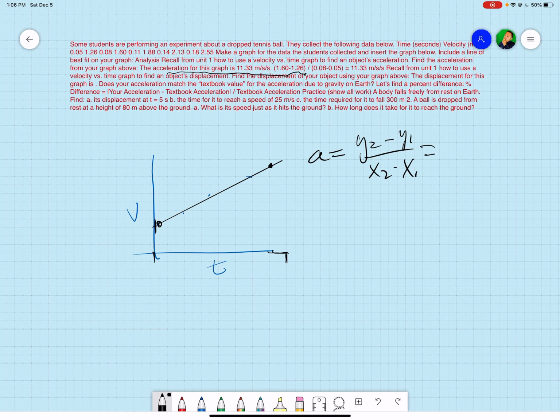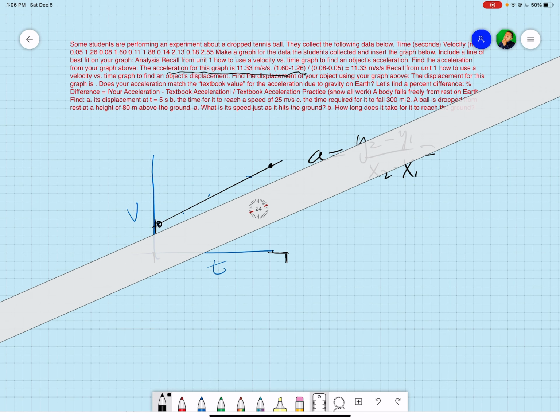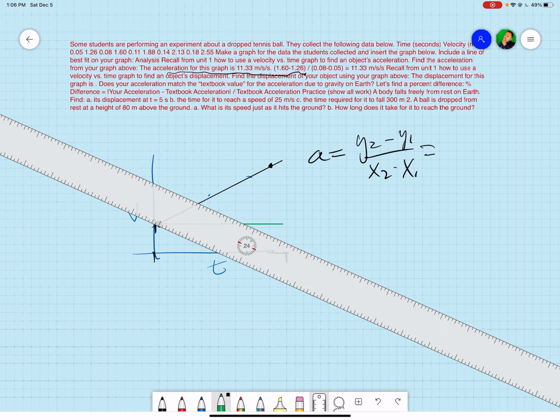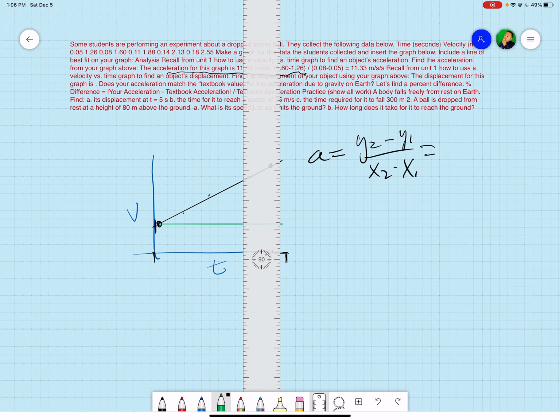And then it was talking about the displacement. We talked about how, if we want to get the displacement, we would first have to get a flat line here, okay? And then we would have a vertical line coming down like that.